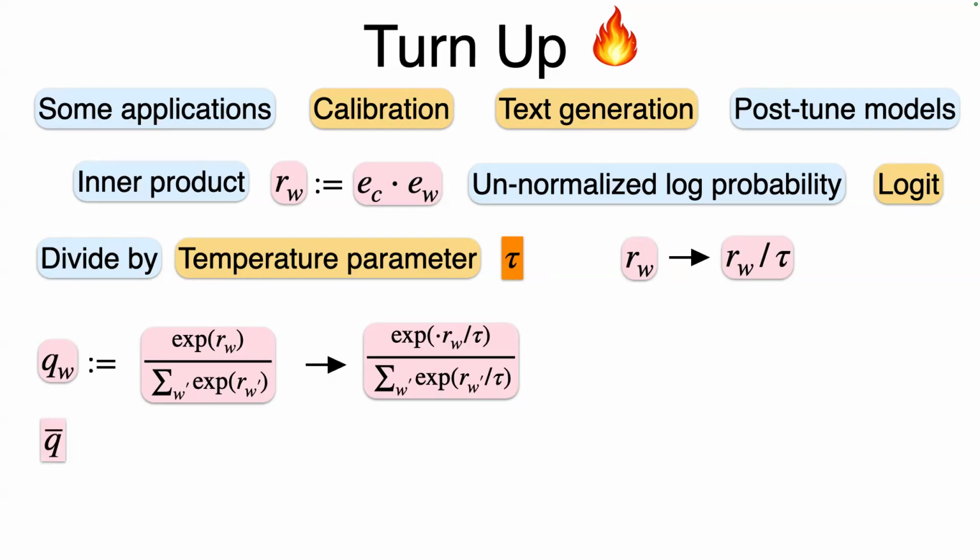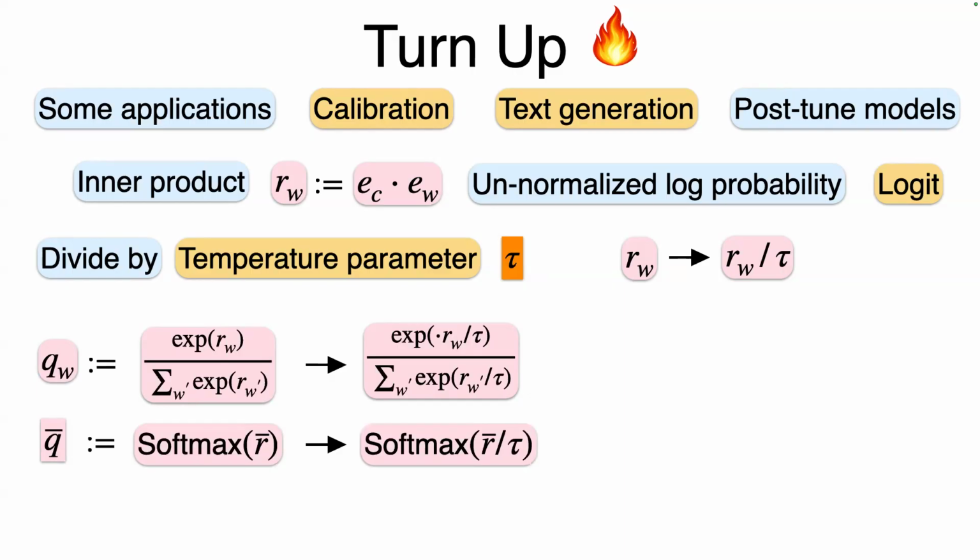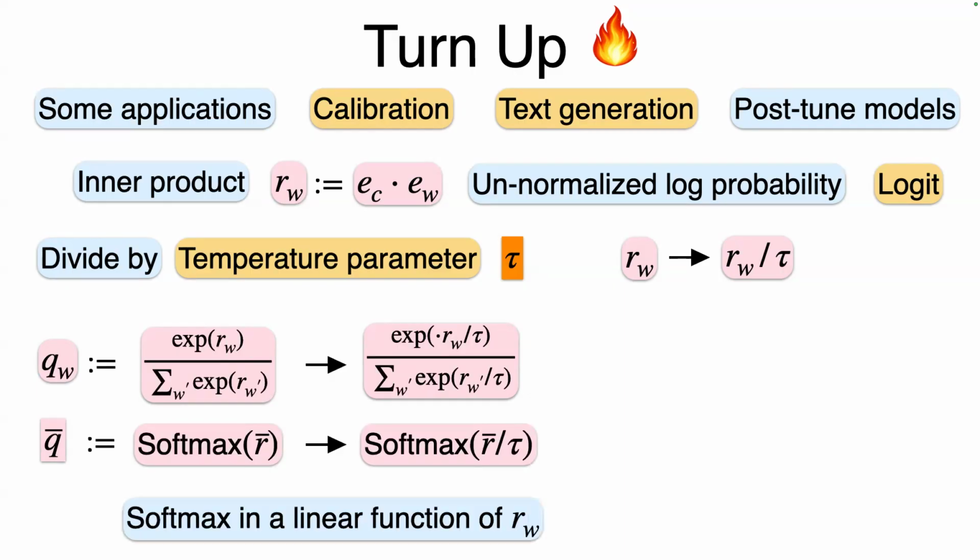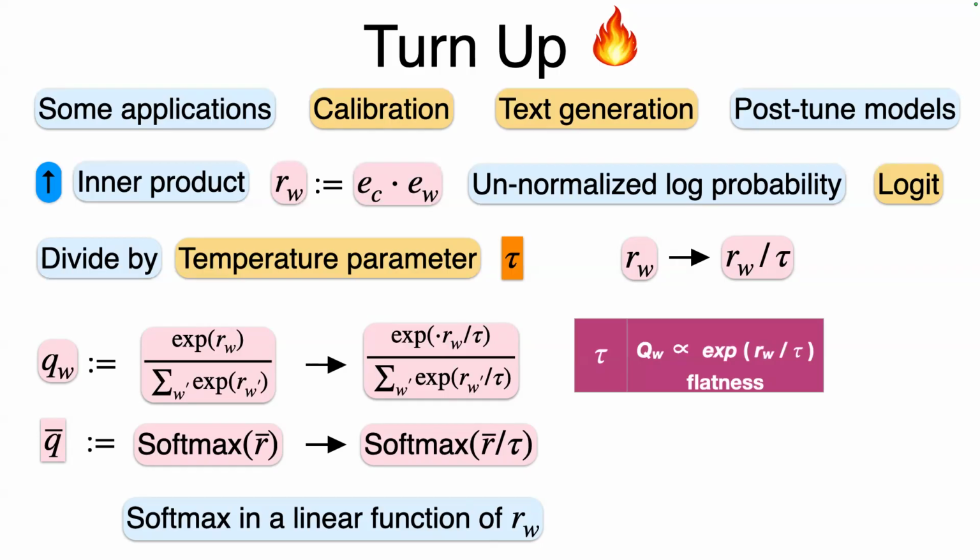Before, the vector was the softmax of R; now it's the softmax of R over tau. So basically it's a softmax of a linear function of R. RW is the inner product. Before, they just exponentiated that; now they're exponentiating RW over tau.